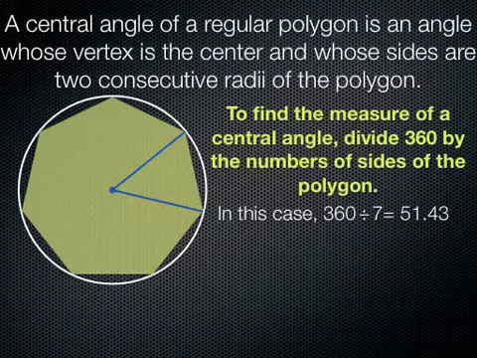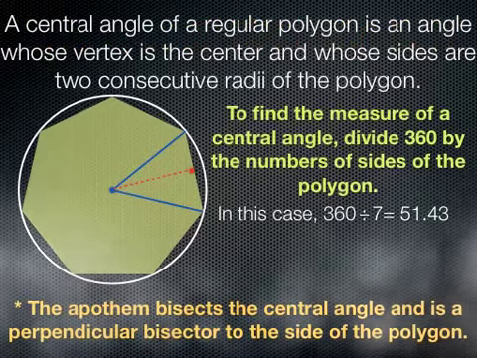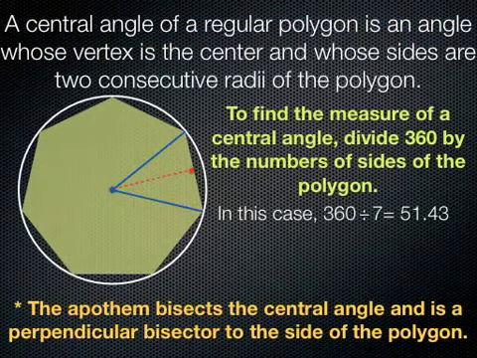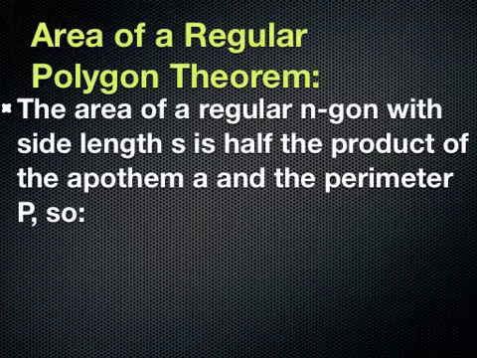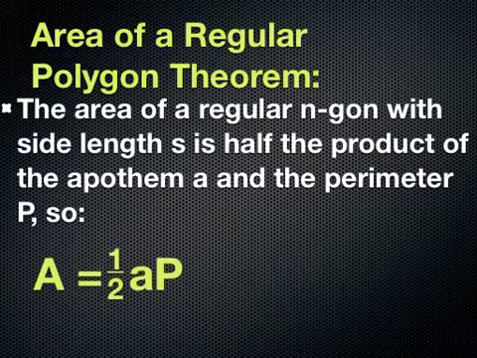The apothem is going to bisect the central angle and is a perpendicular bisector to the side of the polygon. The area of a regular polygon theorem states that the area of a regular polygon with side length s is half the product of the apothem a and the perimeter P. So area equals 1/2 the apothem times the perimeter.